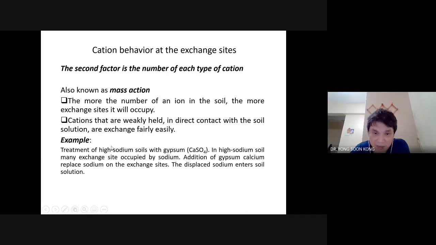The sodium is removed and displaced. It enters the soil solution, whereas the calcium is retained in the soil. The best part is that once the soil is replaced with calcium, it becomes stronger. It no longer disappears due to the washing of rainwater.